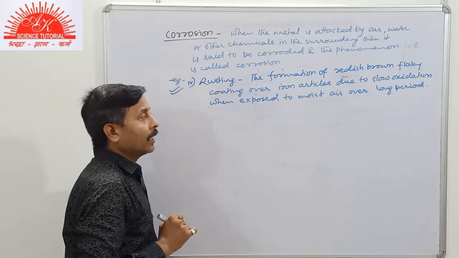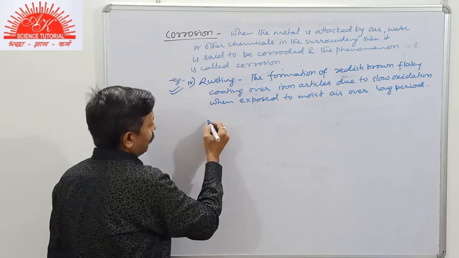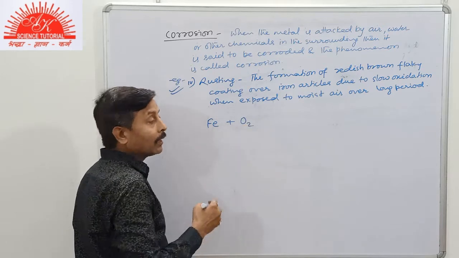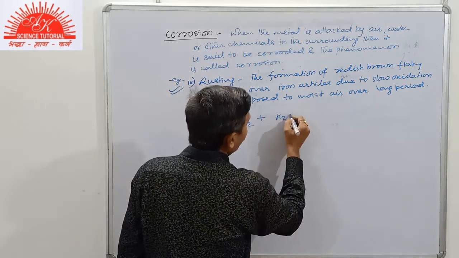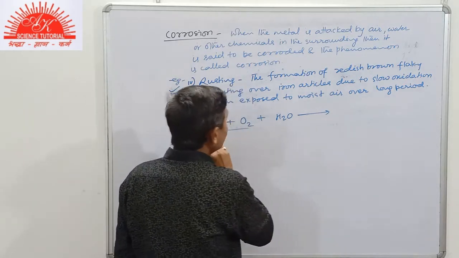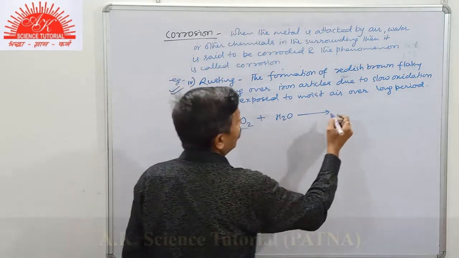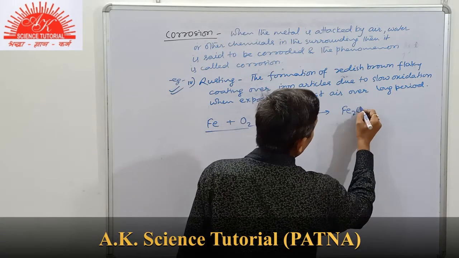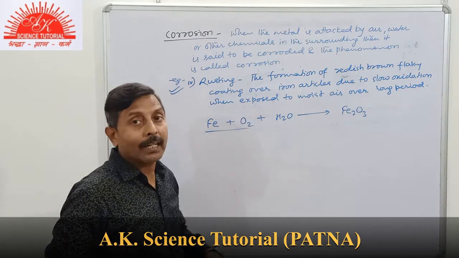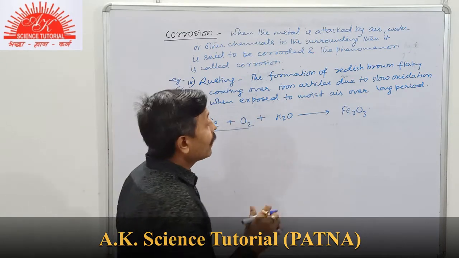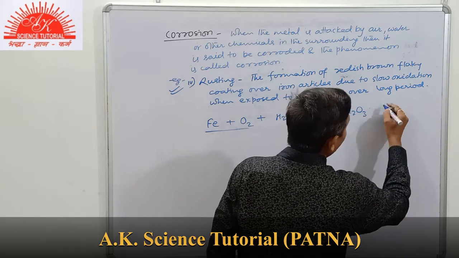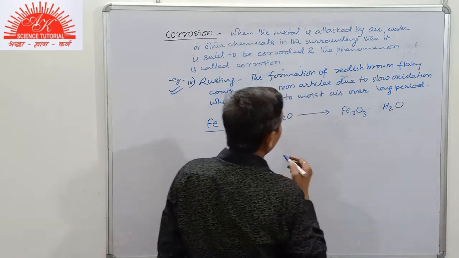Now, if we study the reaction for rusting, what happens? Iron reacts with oxygen in the presence of moisture in the air. Iron gets oxidized slowly, forming Fe2O3, and here water molecules get attached to it, due to which it develops a flaky coating.